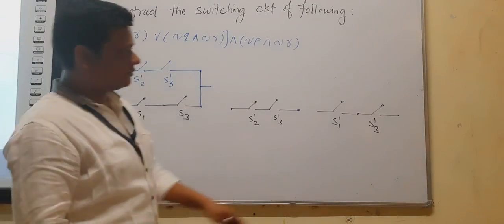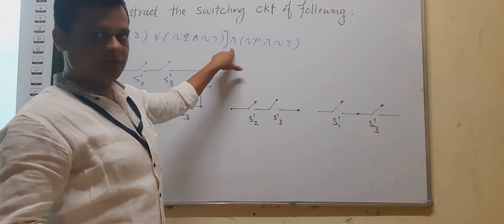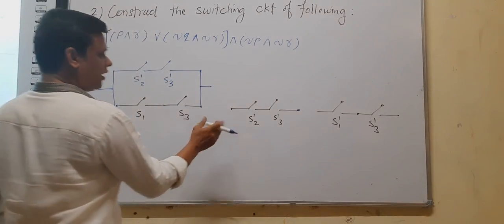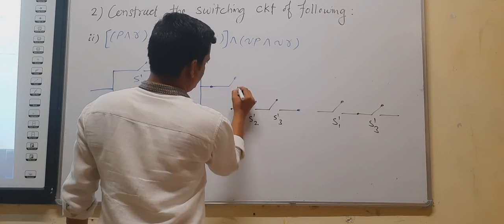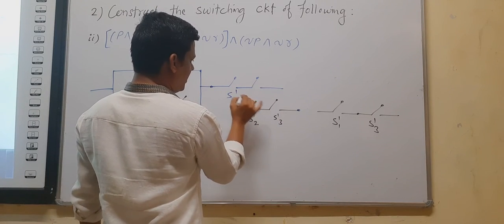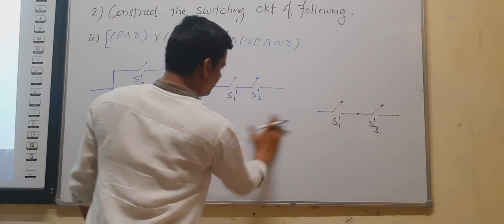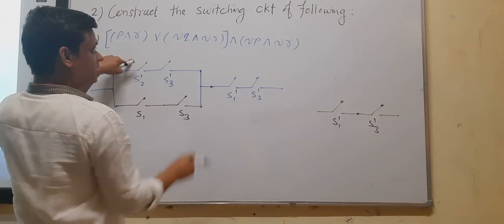Now come to the third circuit. This third circuit is in series combination with these 2 circuits. So we have to connect this circuit in series combination. S1 dash, S3 dash. This circuit we connected here, in series combination with these 2 circuits.